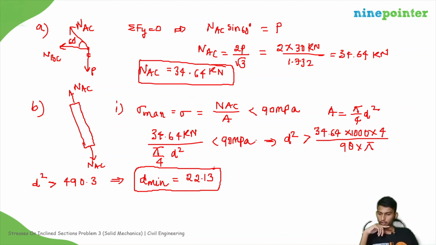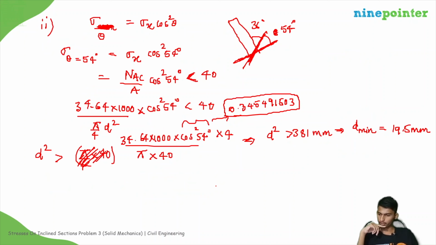So we need 22.13 mm for the first case. For the second case, we need d minimum as 19.5 mm.